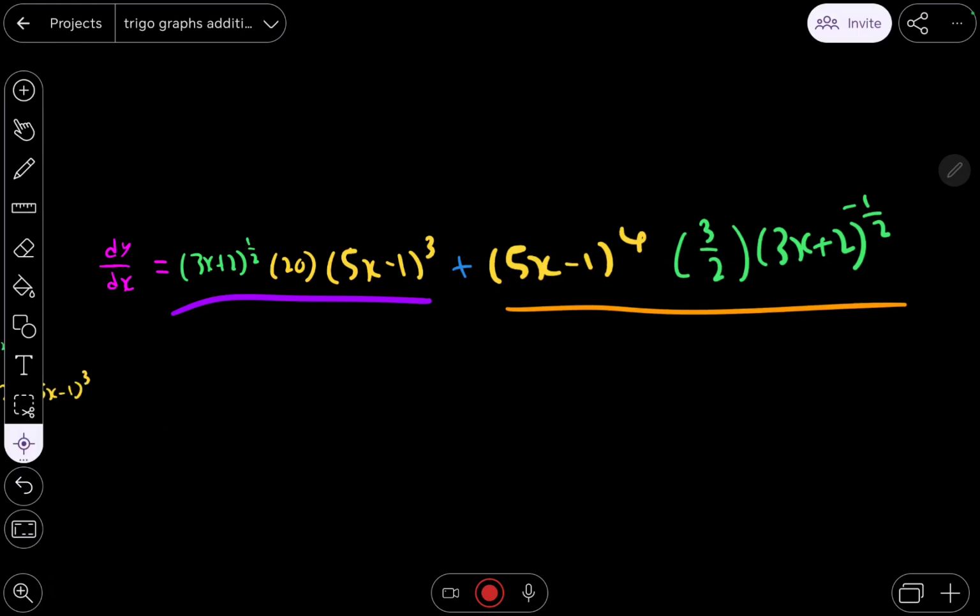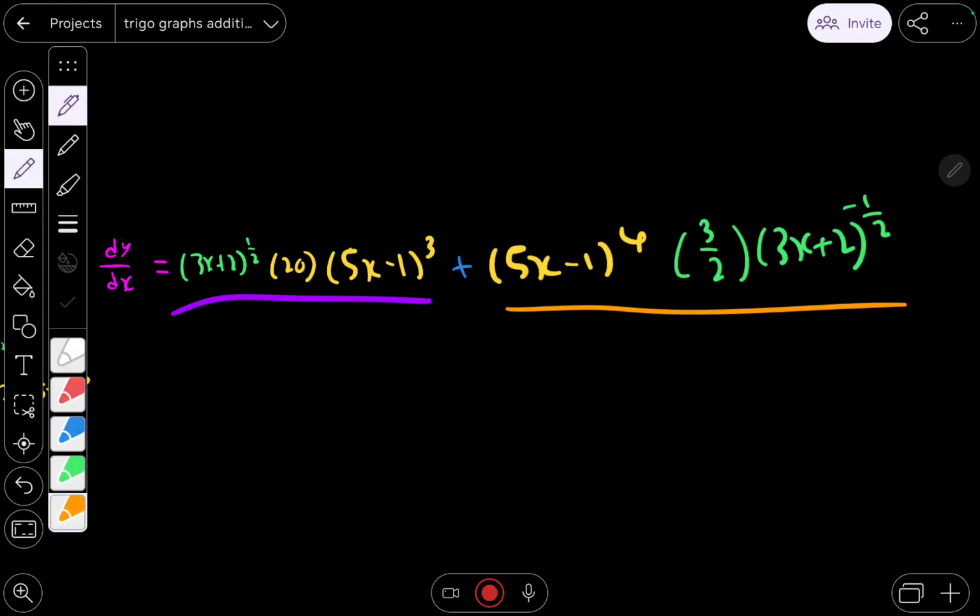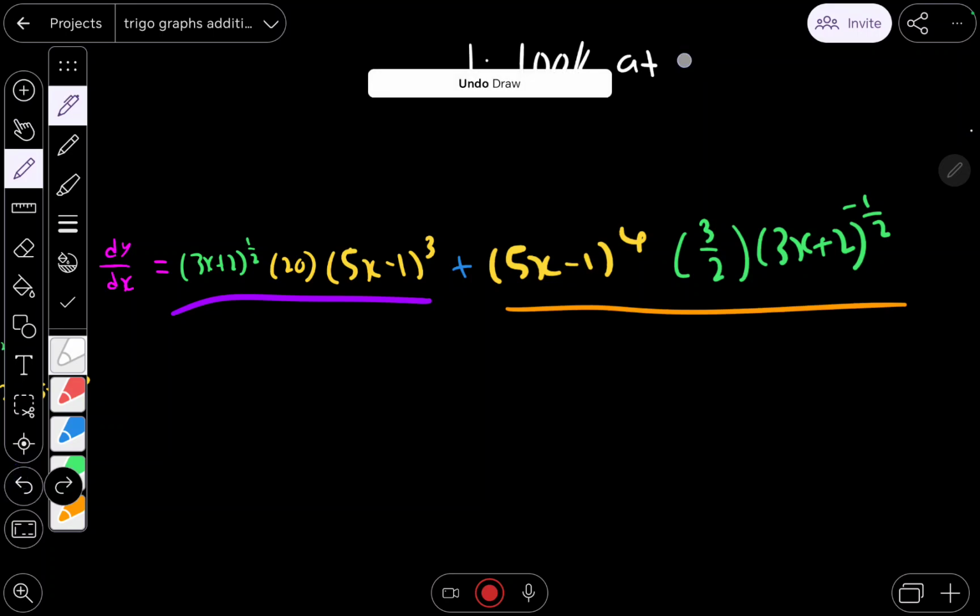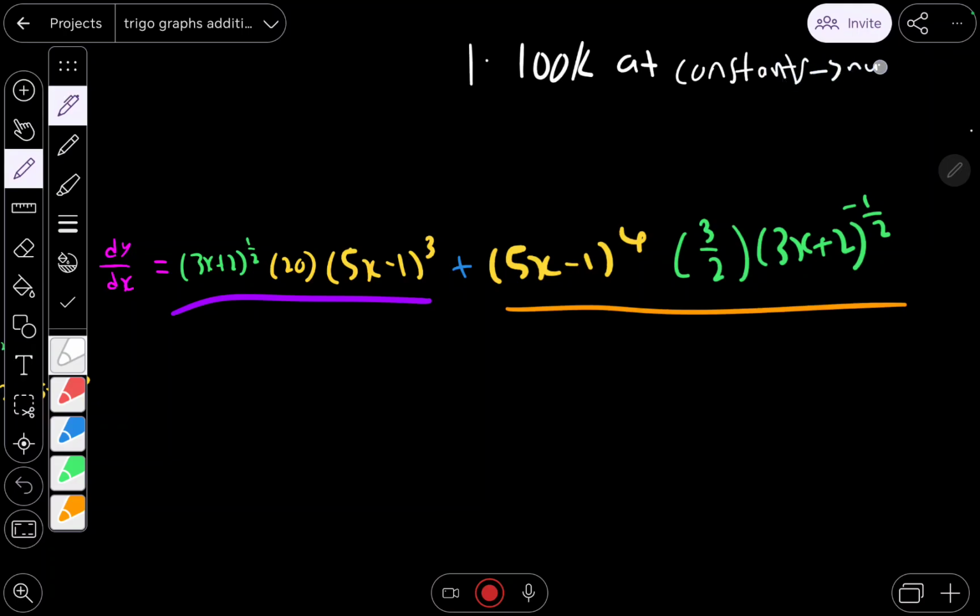Let's look at constants first. I'll write down some tips. Number one, when we want to take out things, we will always look at your numbers. Look at constants. I'll use a bit of math vocab here. Constants just mean numbers.